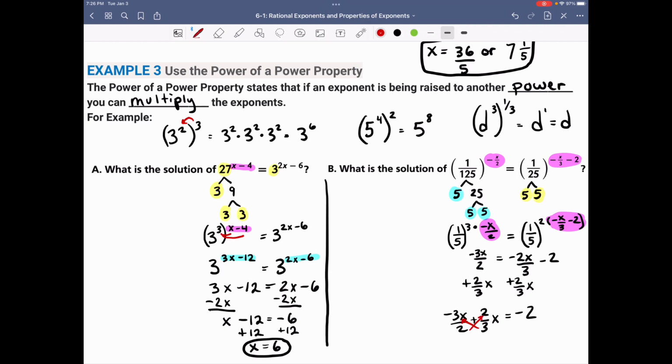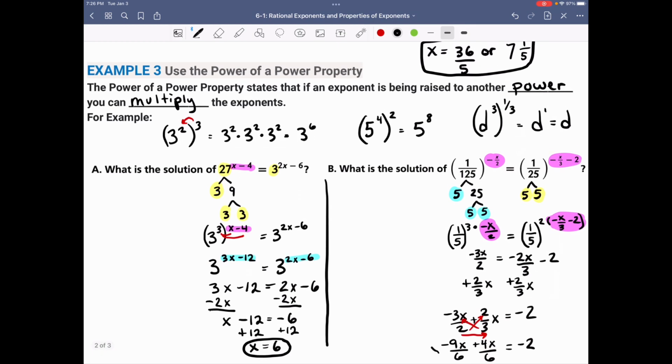And then the common denominator will be 2 times 3. So 3 times negative 3, that's that arrow going to the left, that'll give us negative 9x. And 2 times 2 will be 4x. And it's going to be over 6 for that common denominator. That's going to equal negative 2.